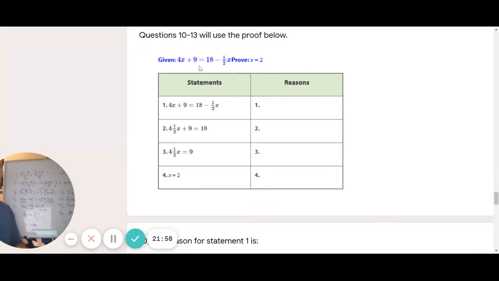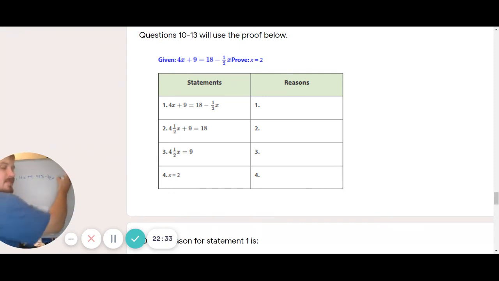Okay, now let's do this proof. We have 4x plus 9 equals 18 minus 1/2 x, and then we have to prove x equals 2. So let me make some space so we can do this one. All right. So we have 4x plus 9 equals 18 minus 1/2 x.